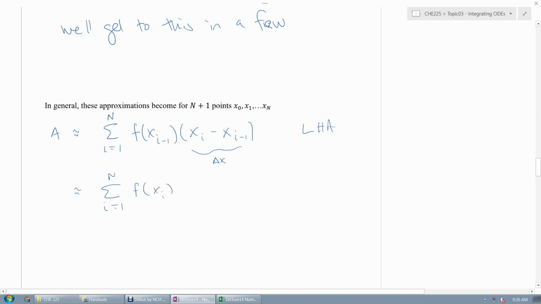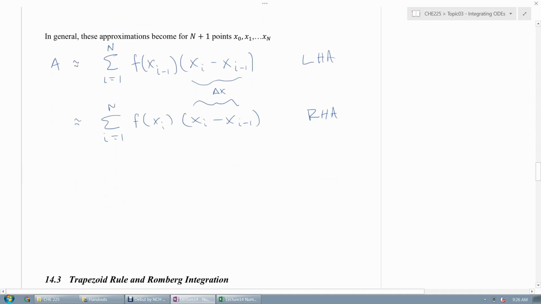Your right-hand approximation is the sum i equals 1 to n of, now it's f of x_i instead of f of x_(i minus 1). Notice the difference between the two. Times your delta x. I guess I should write it all out. So x_i minus x_(i minus 1), right? So this is also delta x. This is your right-hand approximation.